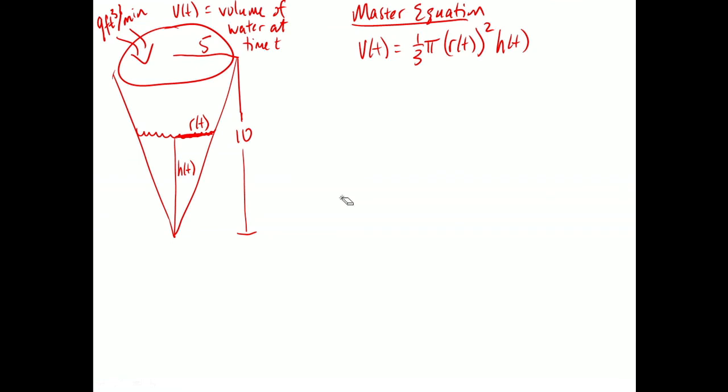So hopefully that's clear, that that's my overarching fact. Now I could have asked you some lead-in questions, things like, when the radius is 2 and the height is 4, how much water's in there? Or I could have asked you, at what time does the volume of water in there reach 100? I could have asked you those standard lead-in questions.